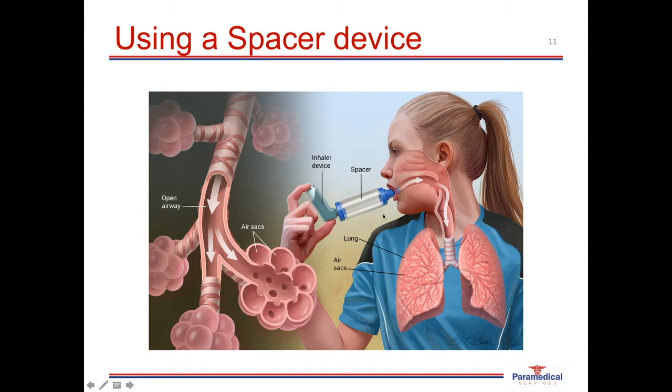This is a closed chamber, so you can press one pump of the salbutamol into the spacer device and the medication is held in here. This gives the patient time to exhale as much as they can. They then put their lips around the spacing device and take a nice deep inhalation and hopefully breathe in all that salbutamol right down to the lower airways where it needs to go.